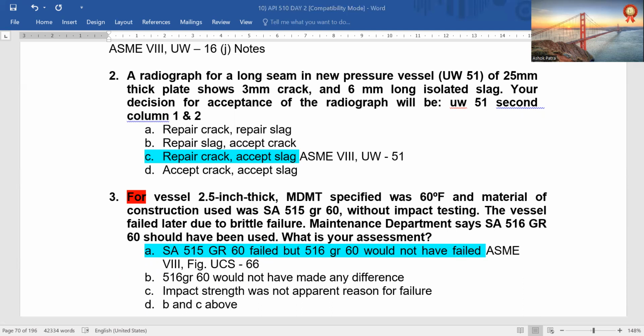UCS-66 and next. So there is 516 grade 60.